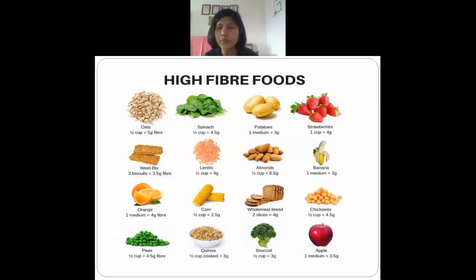Fiber foods you will find in oats, spinach, potatoes, strawberries, wheat bix, which is a grain, lentils, which are dal, almonds, banana, orange, corn, chickpeas, chana. All these contain high fiber, which will help you maintain your weight.